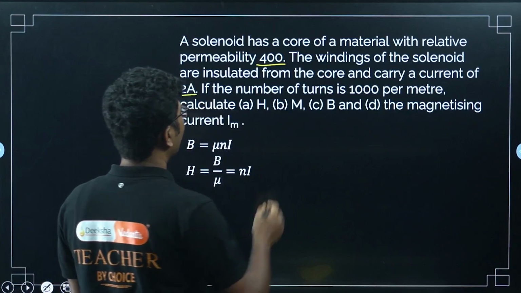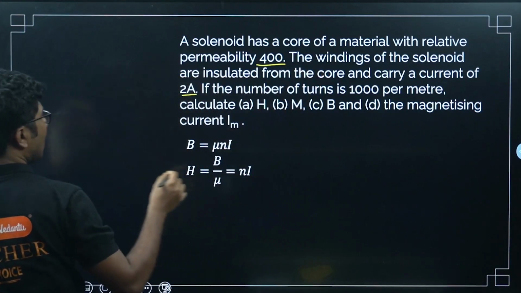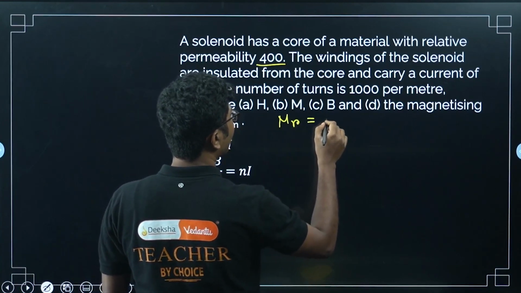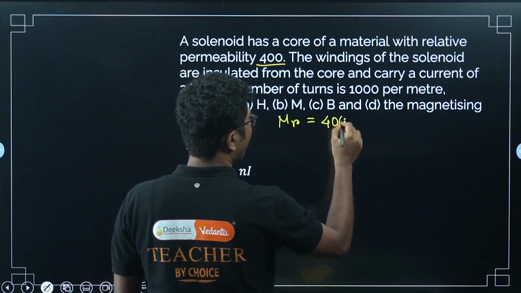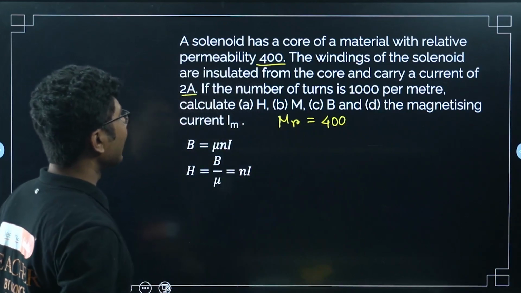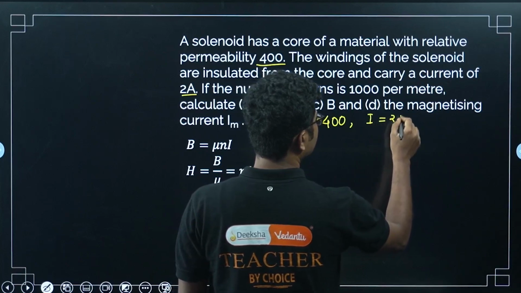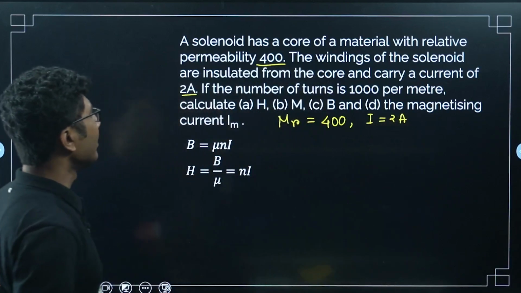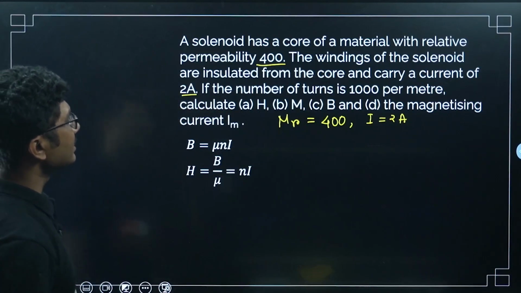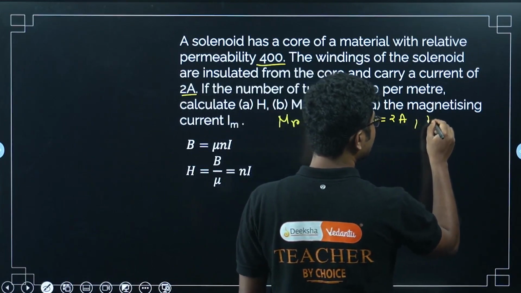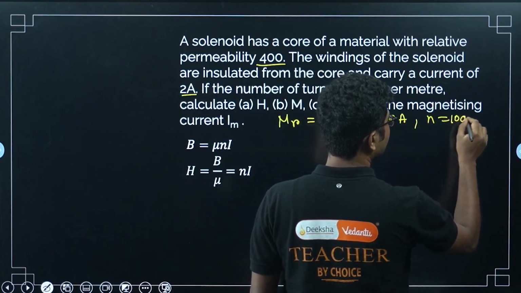So relative permeability is given. Mu r is 400, and the current is given, 2 amperes. If the number of turns is 1000 per meter, so number density, small n itself, is given.